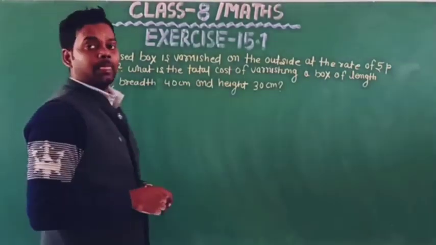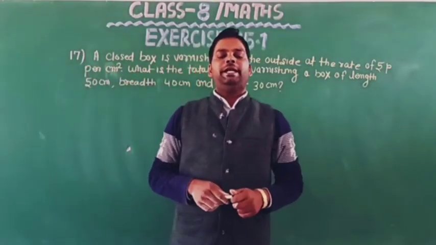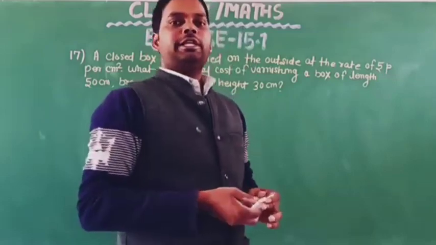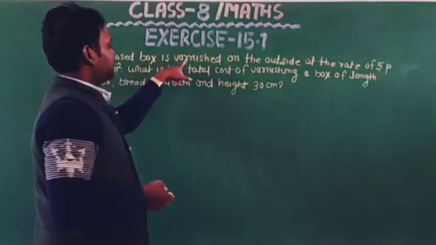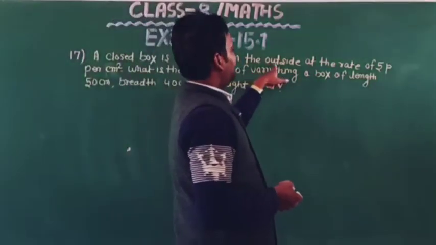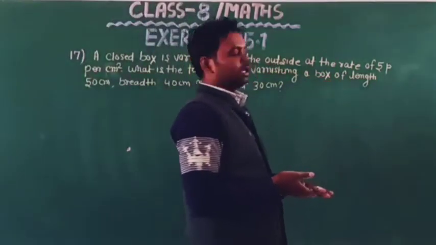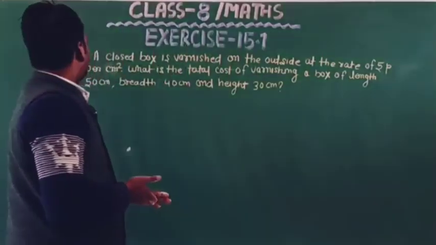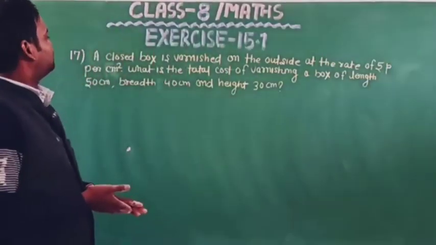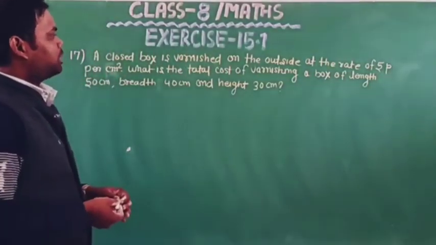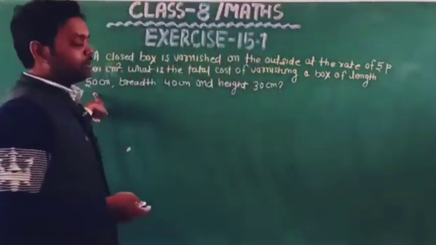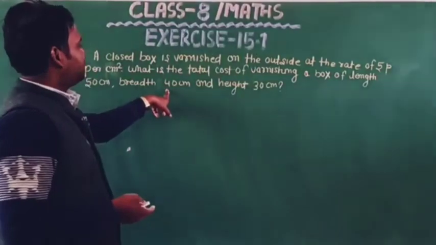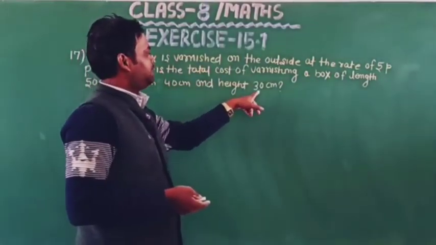Now move to question number 17. In this question it has been said that a closed box is varnished on the outside at the rate of 5 paisa per centimeter square. What is the total cost of varnishing a box of length 50 centimeter, breadth 40 centimeter, and height 30 centimeter?